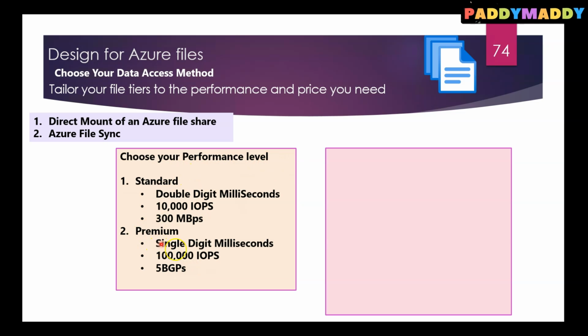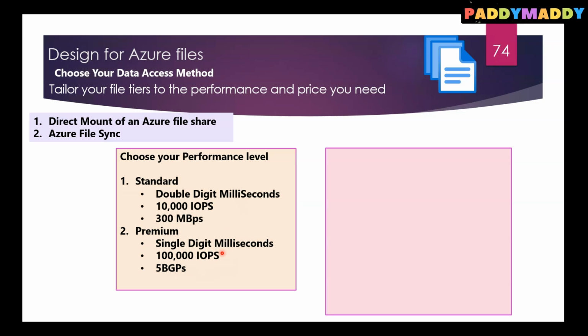It's really worth it for applications that need very low latency. And standard performance always goes on HDD, and premium goes on SSD. That's why you're getting this kind of performance.